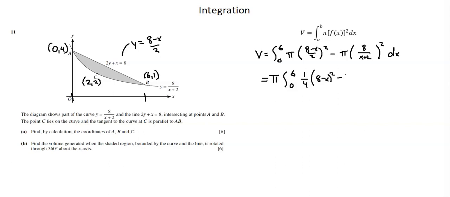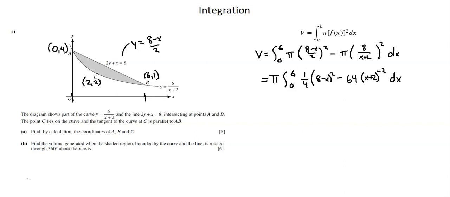Minus, and that pi is now outside of the integration, 8 over (x plus 2), squared, is 8 squared, which is 64, times (x plus 2) to the power of negative 2. I've taken (x plus 2) squared out of the denominator and put it into the numerator, thus I'm using a negative exponent with respect to x.